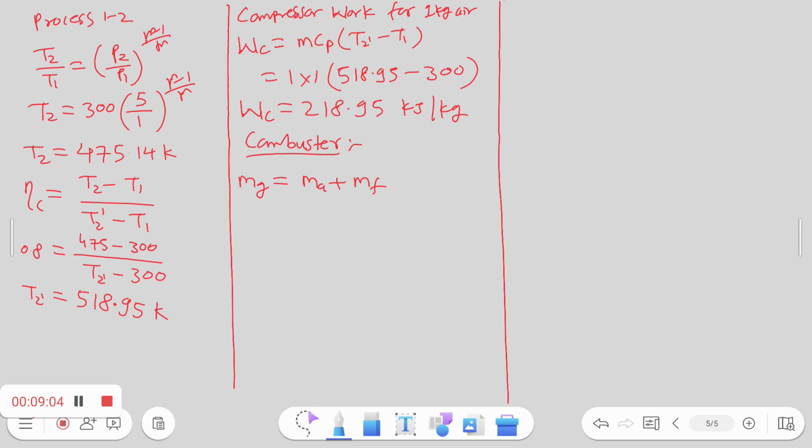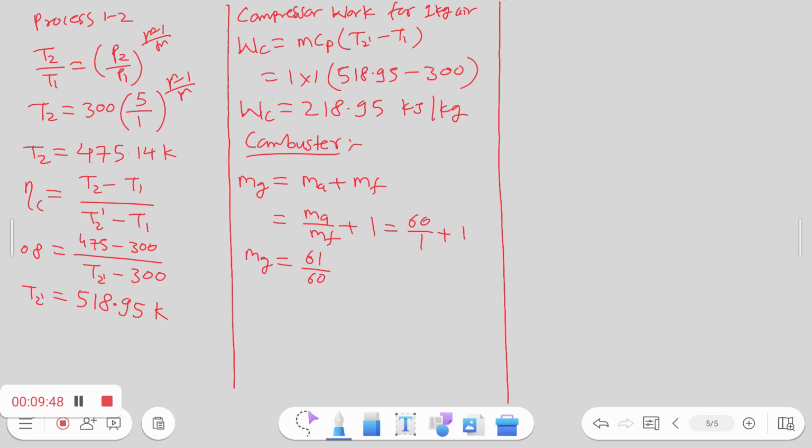So divided by mass of fuel, it is mass of air by mass of fuel plus 1. The air fuel ratio is 60 by 1, plus 1. The mass of the gas is how much? 61 by 60.